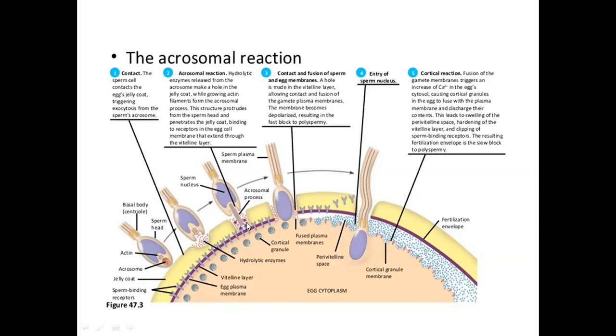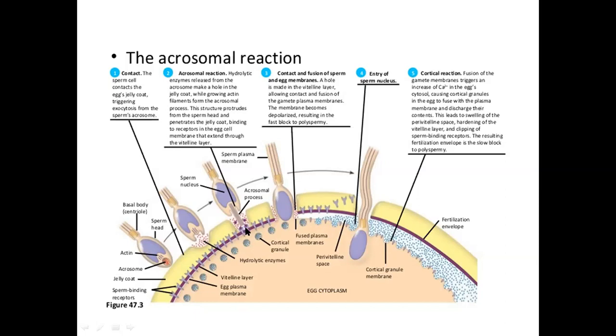So the jelly-like coat is finally hydrolyzed, and the head sends out an actin stick, as it is called. Actin filament comes out of the acrosomal process, and they bind with the ZP receptors on the vitelline membrane.